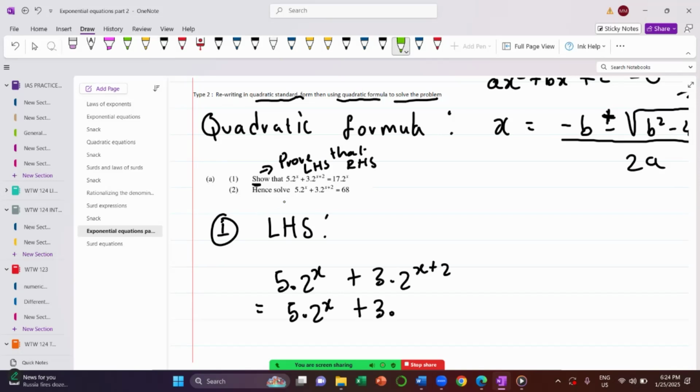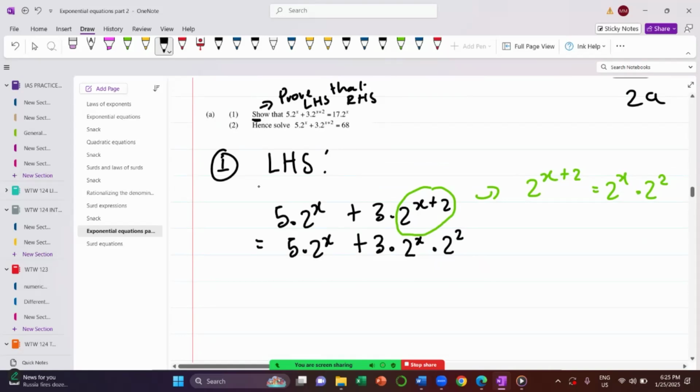I'm going to separate this value, because 2 to the exponent of x plus 2 can be written as 2 to the exponent of x times 2 to the exponent of 2. We are okay, right? Yes, sir. That's the law. So I'm going to have here 3 times 2 to the exponent of x times 2 to the exponent of 2. We are okay with that, guys, right? Yes, sir.